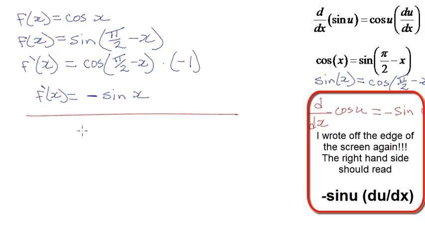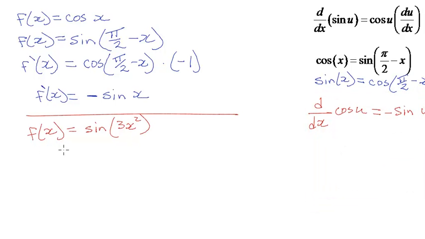And let's practice it. Let's say we're given f of x is equal to the sine of 3x squared, and we need to take the derivative. Then the derivative, f prime of x, is going to equal, and we're going to use this rule, the cosine.